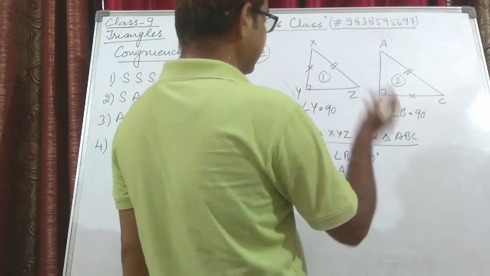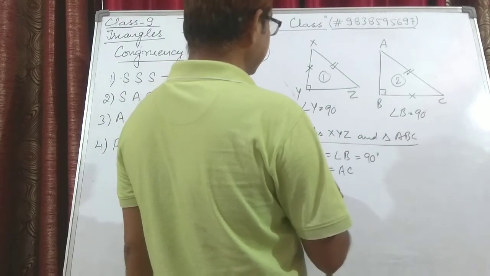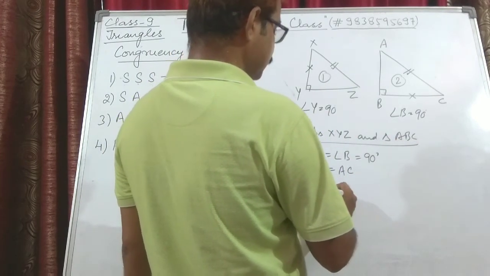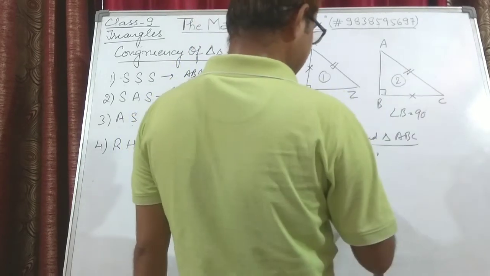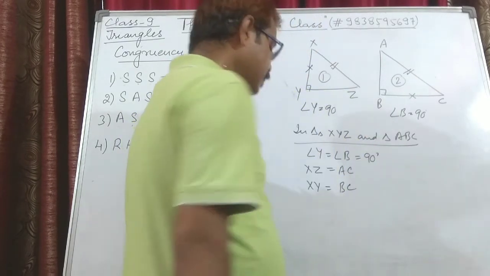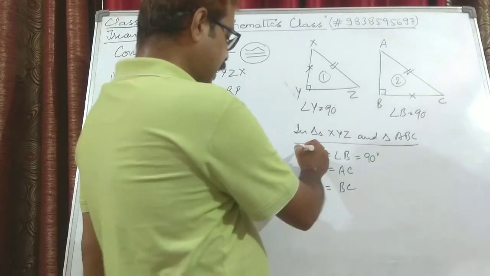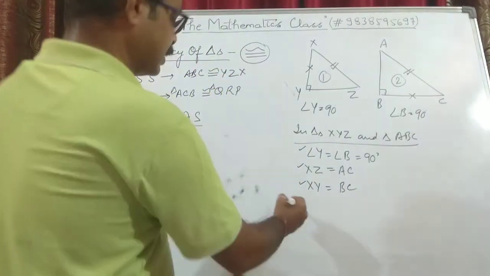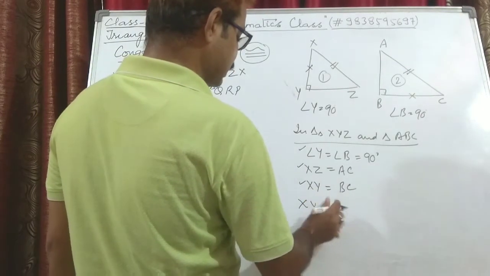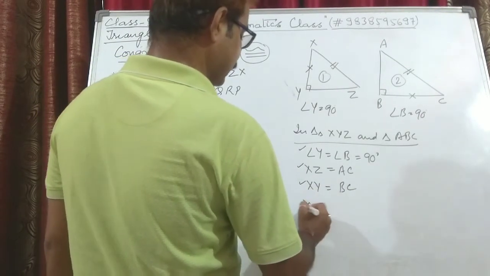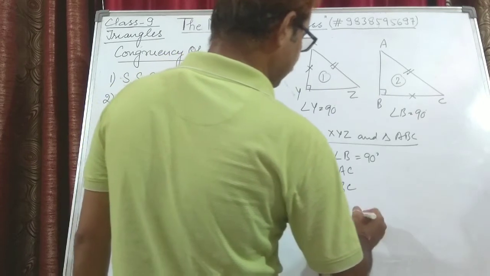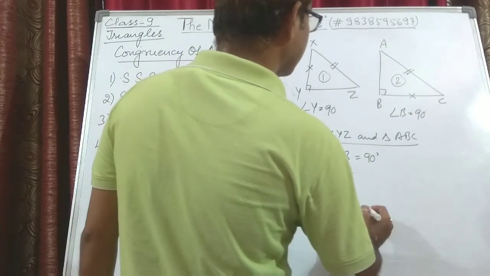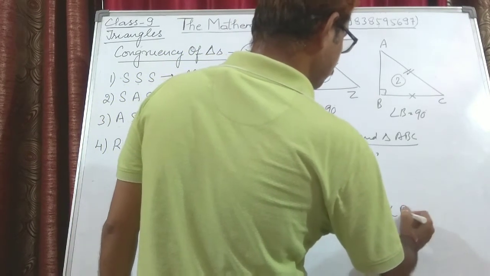Third, any of the sides: in the first triangle XY is the side and in the second BC is the equal side. So right angle hypotenuse side. So we can say that triangle XYZ is congruent to triangle ABC. By which rule? RHS.